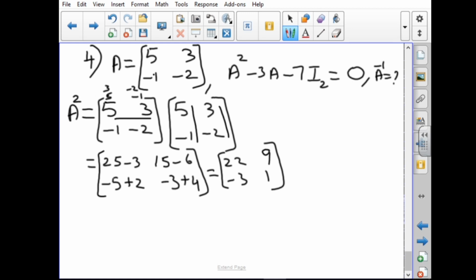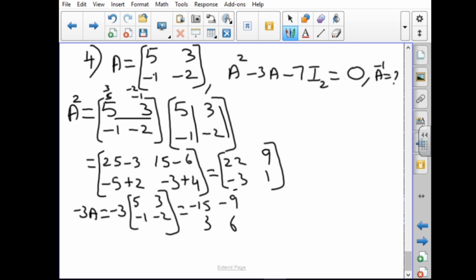So next we will find minus 3A. So minus 3A is minus 3 into 5, 3, minus 1, minus 2. So it is equal to minus 15, minus 9, 3 and 6. And next we will find minus 7I2.